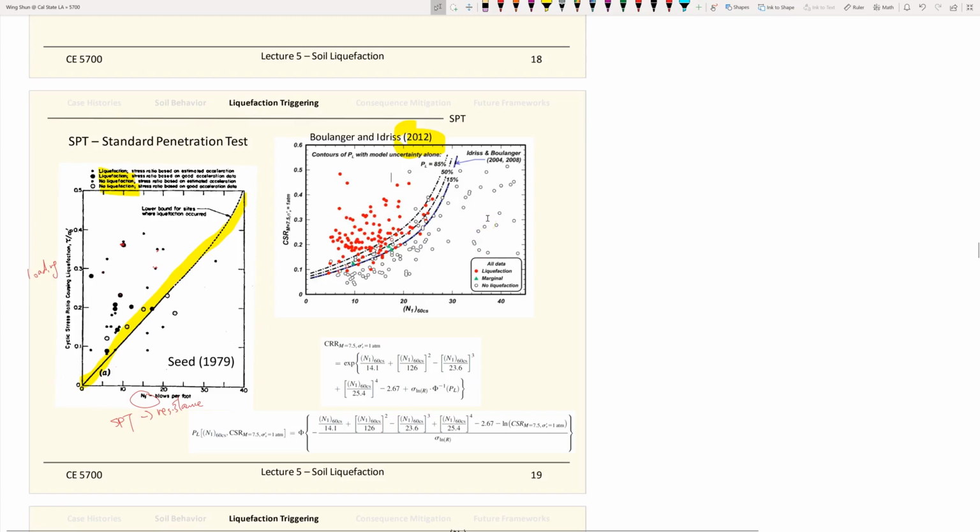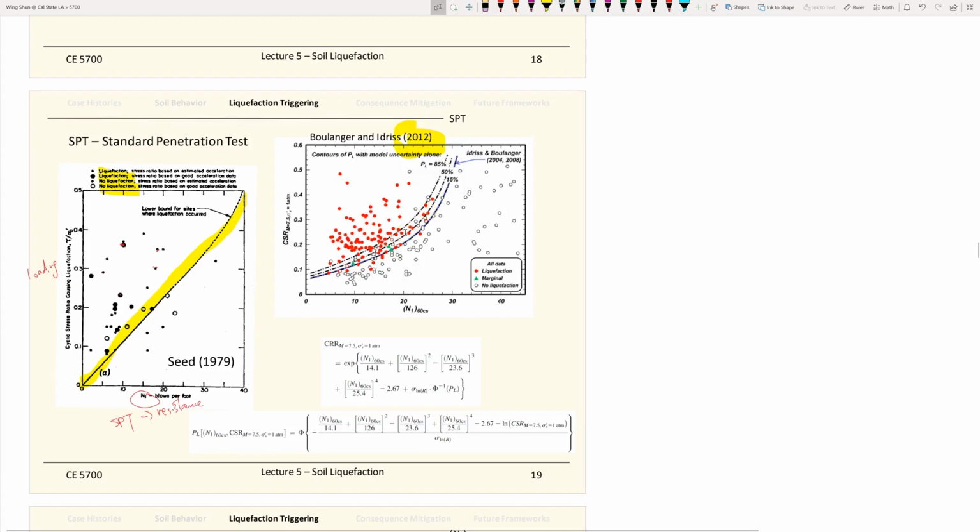And nowadays, for deterministic analysis, we try to move past that. We adopt a more probabilistic approach. So they even give you 3 different probabilistic capacity curves right there: a 15% likelihood of liquefaction to happen, or the 85% liquefaction capacity curve, for that being triggered.